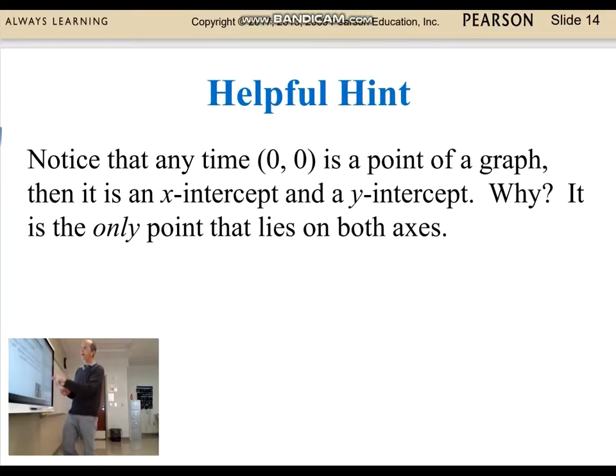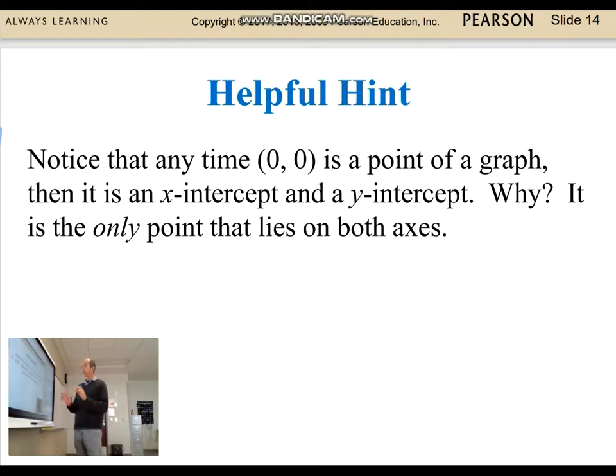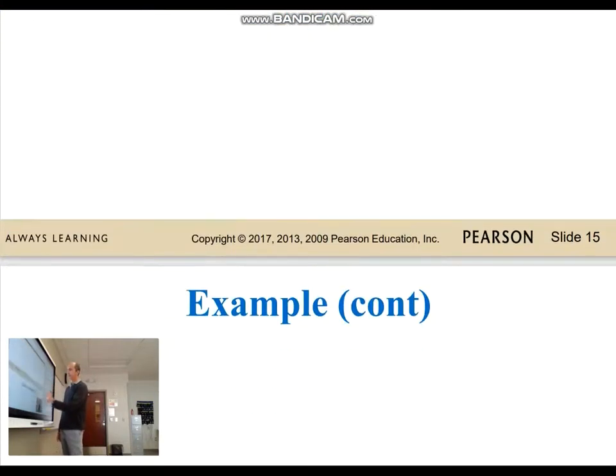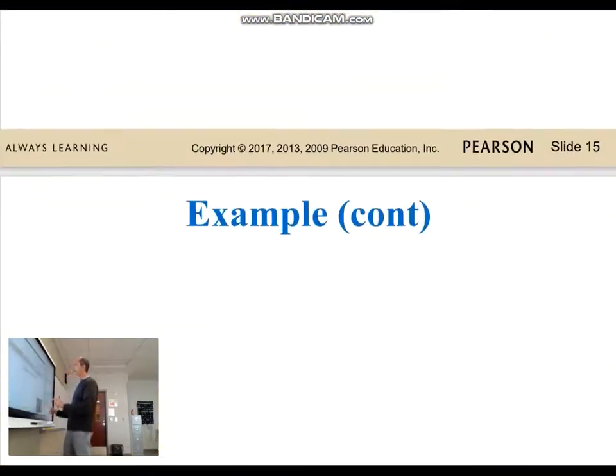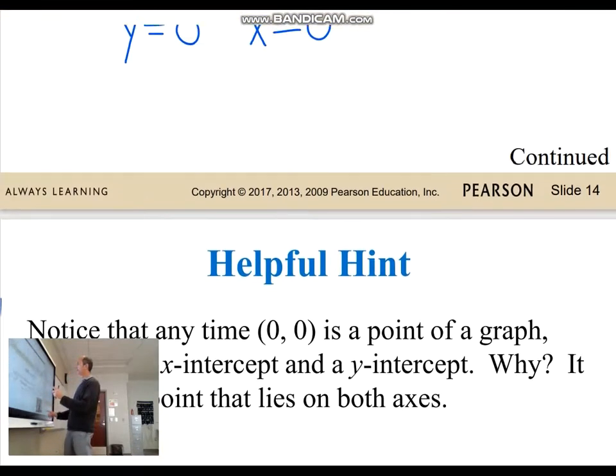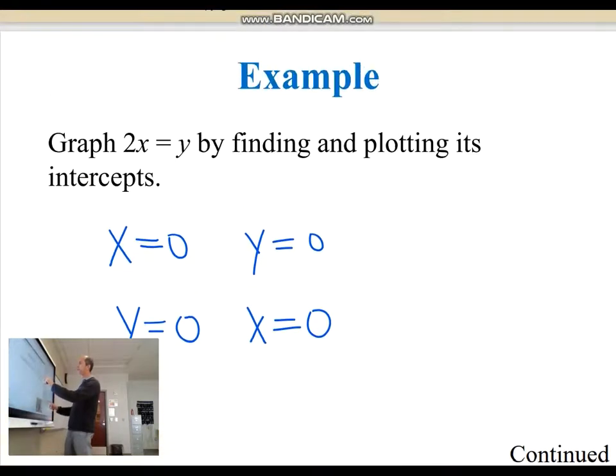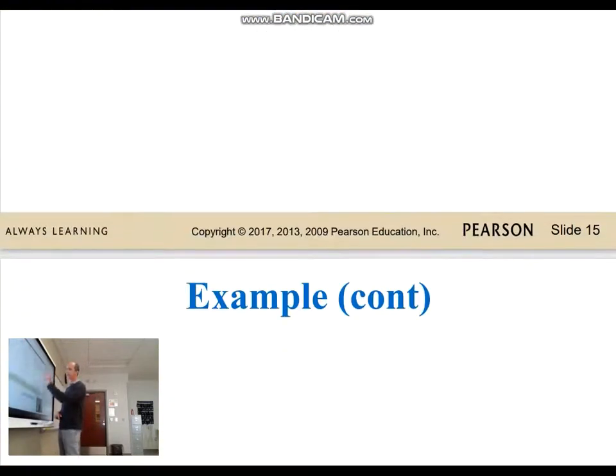Notice that anytime x equals 0, y equals 0 is a point of a graph, then it is an x-intercept and a y-intercept. It is the only point that lies on both axes.